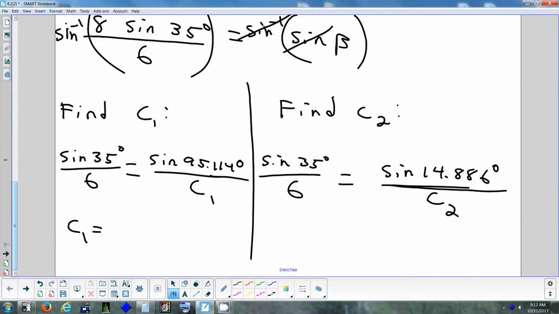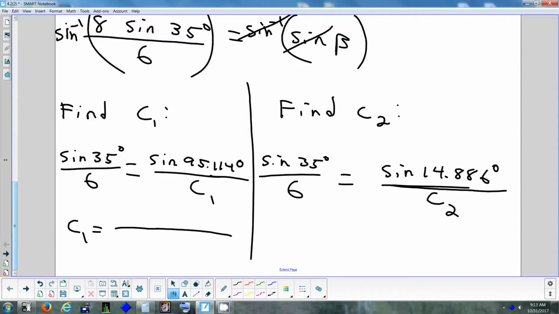All right, so C1. Connor, can you tell me, you don't have to give me the decimal, but just tell me C1 would be what times what divided by what? You have to cross multiply.